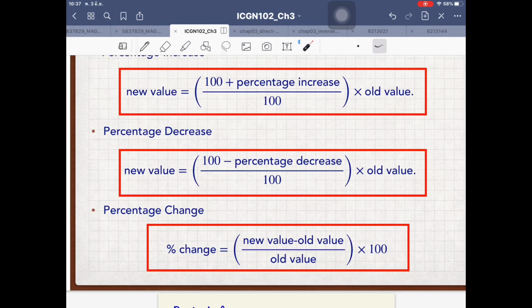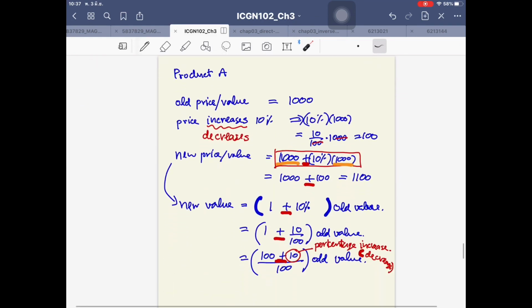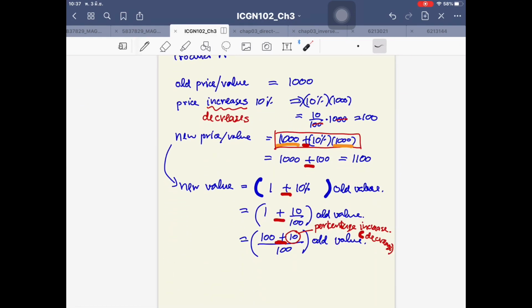Now, about the percentage change, we're going to have this formula. Let's look back at the previous example. First, we assume that the old value is 1,000, and that the price will increase by 10%.